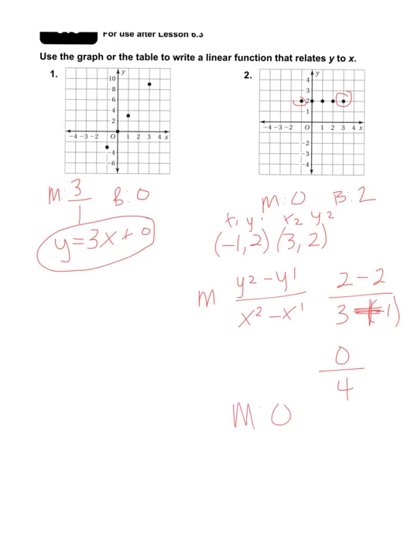And so our equation for our second one is going to be y equals 0x plus 2. That's one way you could write it. Or because 0 times x is nothing, you could also just write it as y equals 2. And that's how you do the first two.